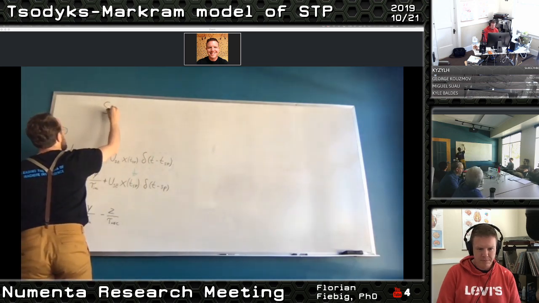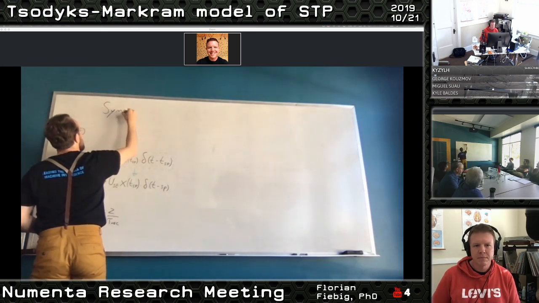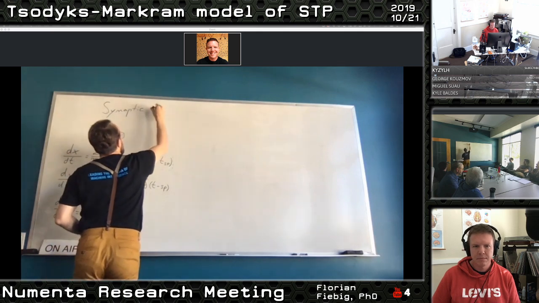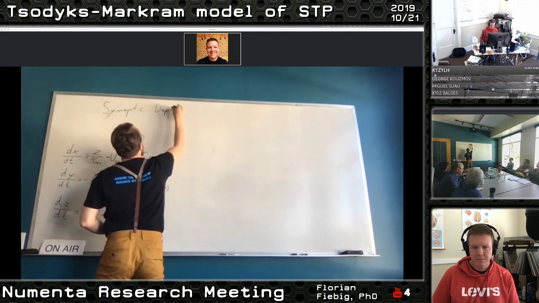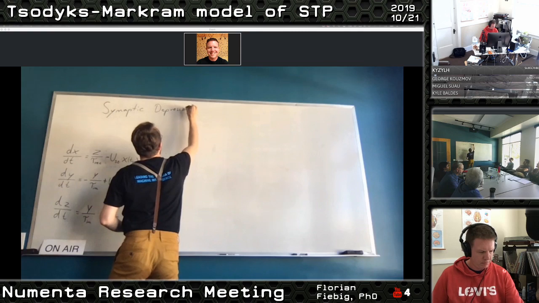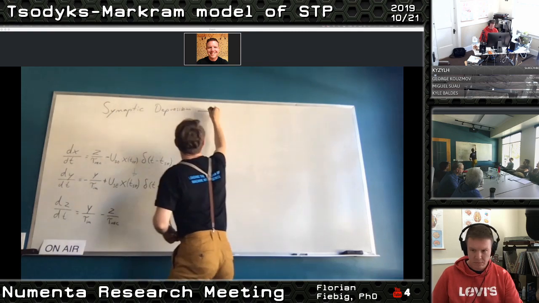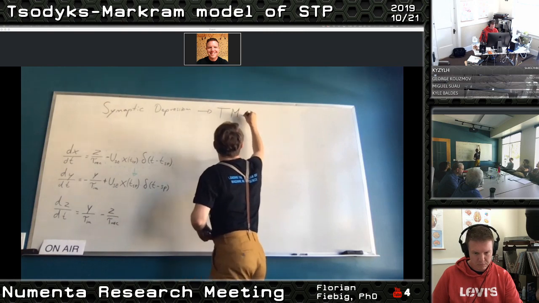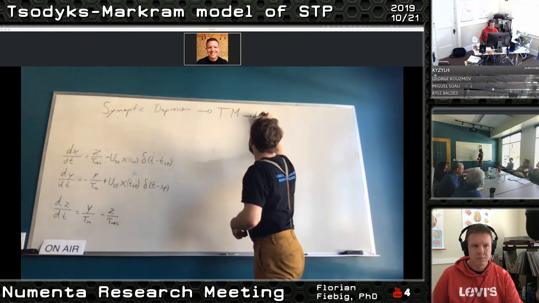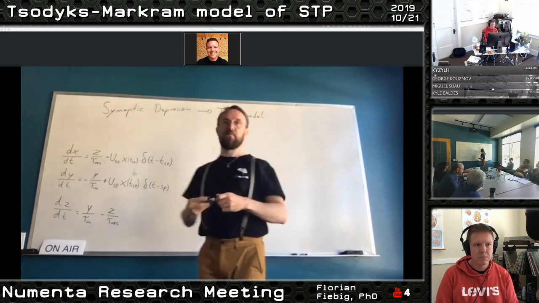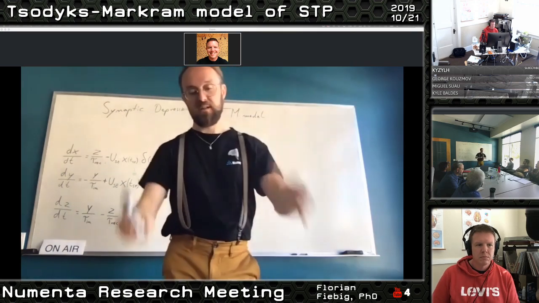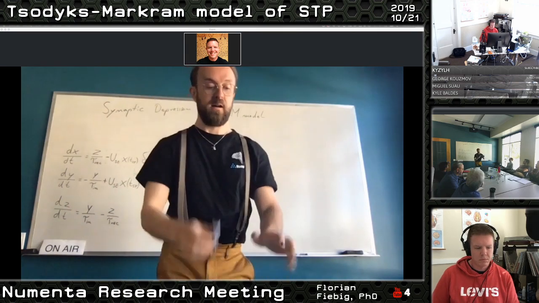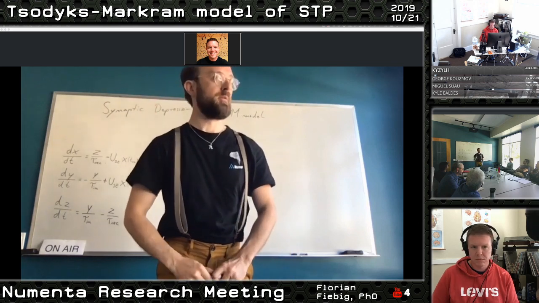So I guess the proper title for today's talk is going to be synaptic depression. And I'm going to specifically talk about the so-called Tsodyks-Markram model, which is the most common model for accounting for synaptic depression in people who are simulating spiking neural networks.